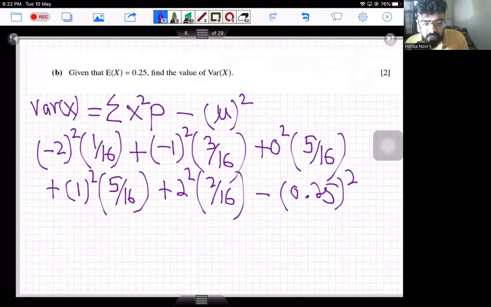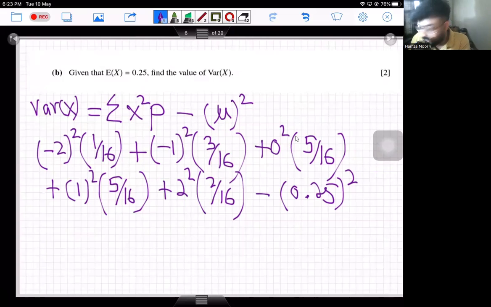And instead of putting this whole thing in your calculator, as you know that -2 squared is 4, so you just simply put 4 over 16, and then obviously 3 over 16, then this whole thing will be multiplied by 0, so no need to put it in your calculator.